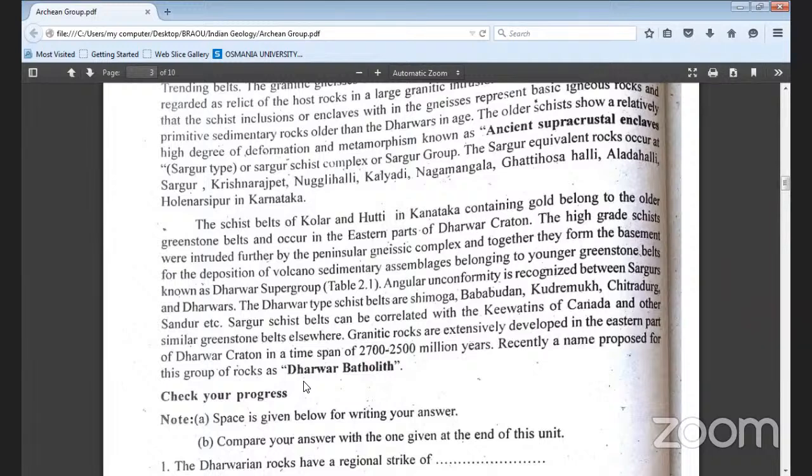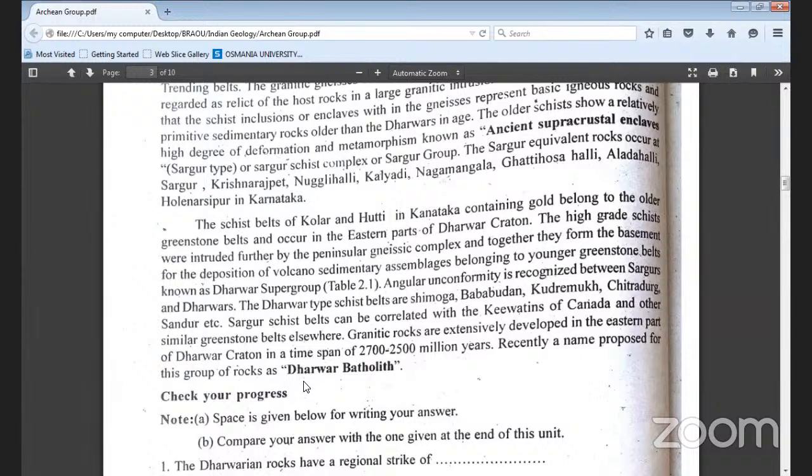The high-grade schists were intruded further by the peninsular gneissic complex, and together they form the basement for the deposition of volcano-sedimentary assemblages, belonging to the younger greenstone belts. It is known as the Dharwad supergroup. And there is an angular unconformity recognized between Sargurs and Dharwad.